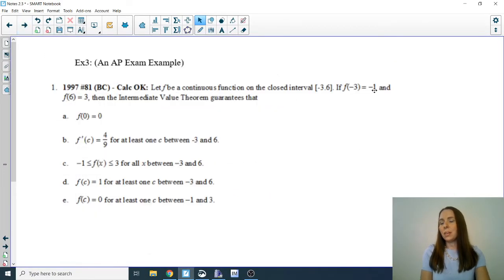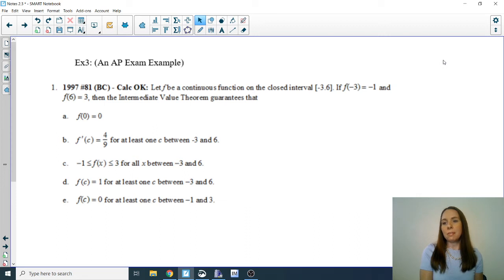All right, anyway, let's look at a pretty simple example, and this is an AP multiple choice problem. It is really old, I know, 1997, but I just like it, so I left it there. What we have here in the stem of the problem is: let f be a continuous function on the closed interval from -3 to 6.